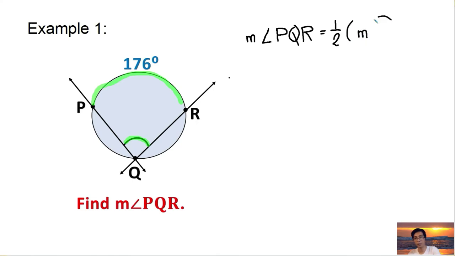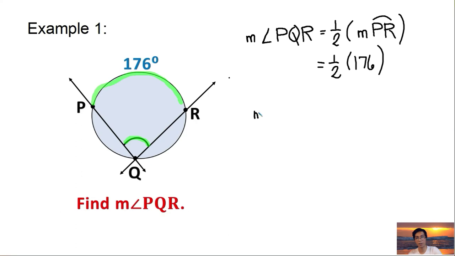O, ganun lang po ito kasimple. Madaling-madali. Equals. So, 1/2. Si measure of PR, arc PR binigay. So, 1/2 of 176. O, kalahati na lang kagad ng 176. Yun na yung ating answer.